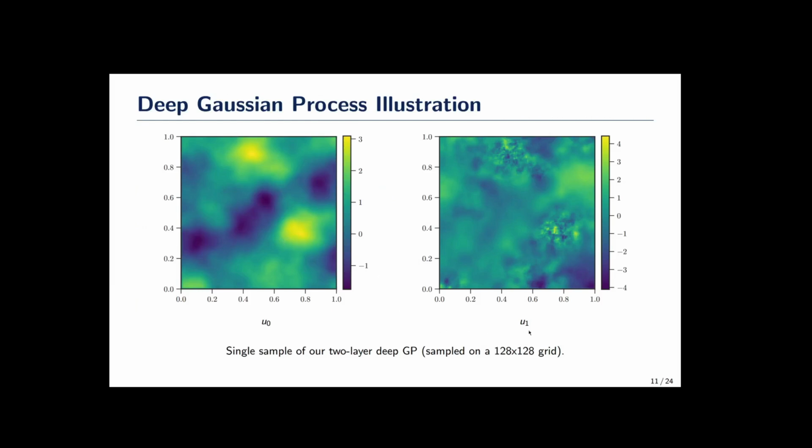But if we look at our U1, we can now see that the correlation length structure or the covariance structure of this sample is very much influenced by our bottom layer. So in areas of large values here, we have a very fine grid, small detailed structures around here. And in areas of small values, we are very smoothed out because of the transformation we have in between our layers.